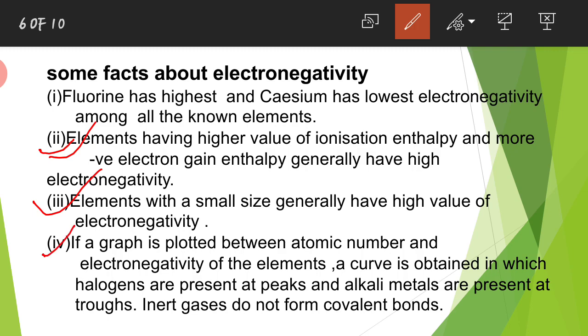Next, if a graph is plotted between atomic number and electronegativity of the elements, a curve is obtained in which halogens are present at peaks and alkali metals are present at troughs. Inert gases do not form covalent bonds.